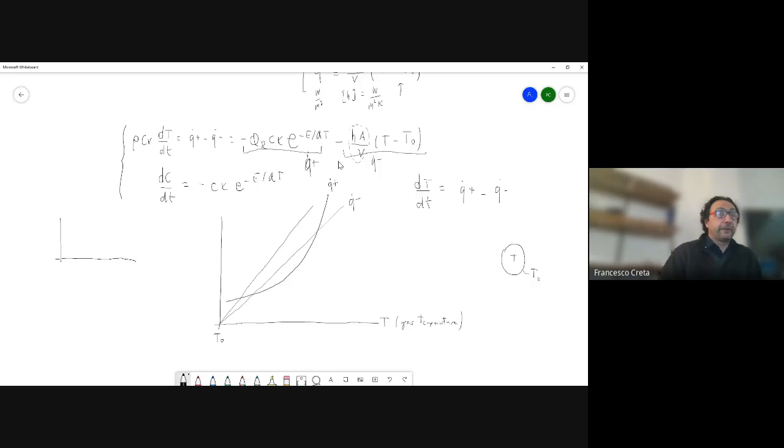So e to the minus infinity. So you start from 0, and then as T increases, it kind of goes like that. It will plateau to 1 as T goes to infinity, because it will be e to the 0. So this is 1. And again, it represents the fraction, if you remember, of molecules having energy bigger or equal to the activation energy.